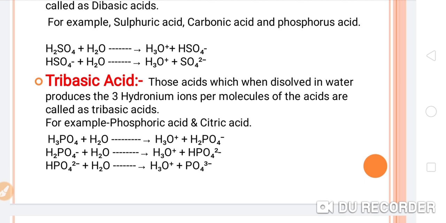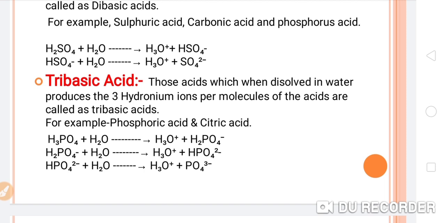In the second step, this H2PO4 anion further dissociates inside the water, and we will get another hydronium ion, that is the second hydronium ion, and HPO4 2 negative anion. And this HPO4 2 negative ion will further dissociate inside the water and you will get the third hydronium ion and phosphate anion.